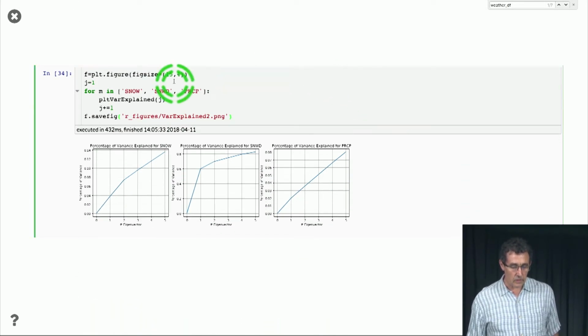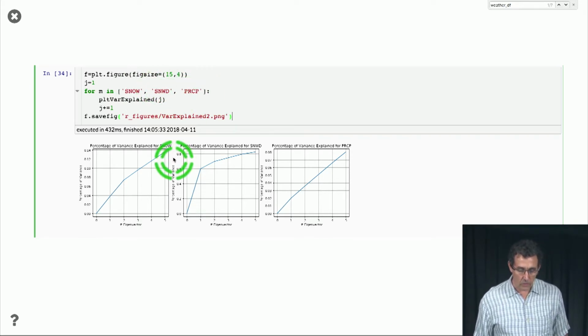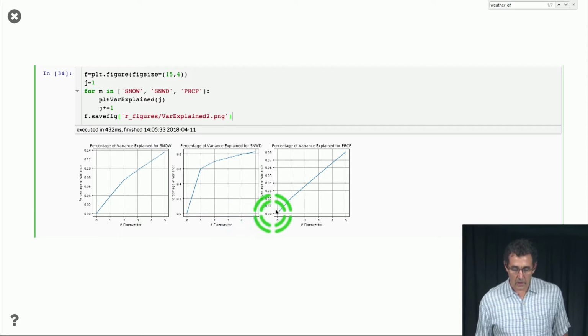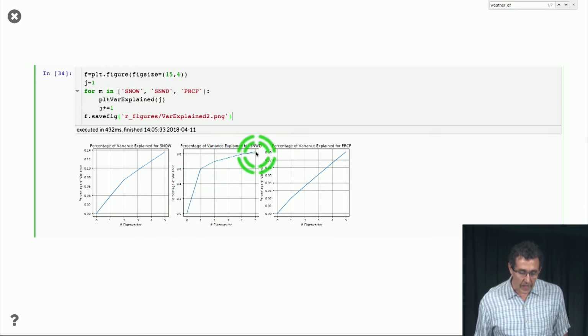Then let's look at snow depth and precipitation. And here it's quite dramatic, right? Because for snow, we see that 5 explain about 14%. For precipitation, 5 explain about 8%. But for snow depth, 5 explain about 80%.